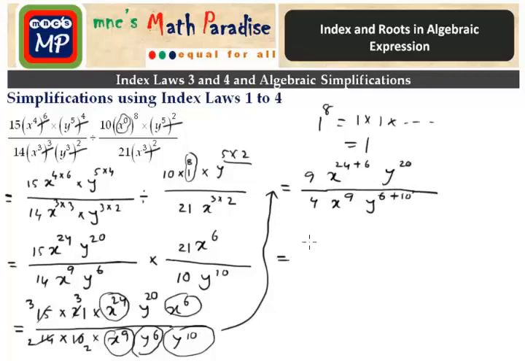So now 9 x to the power 24 plus 6 is 30, y to the power 20, division 4 x to the power 9, y to the power 6 plus 10 is 16.